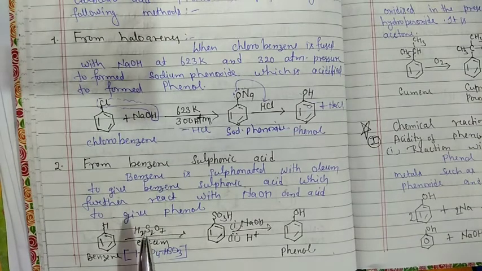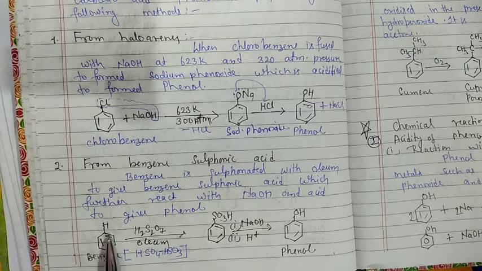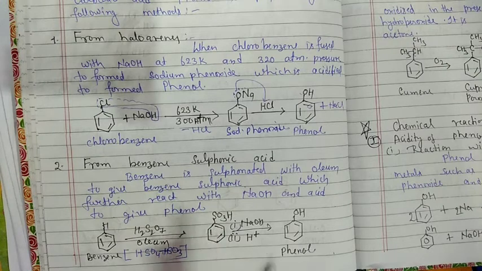How to write their formula? HSO4 dash HSO3, H2S2 and 4 plus 3 is 7. So this HSO3 can transfer to any position in the benzene ring to form benzene sulfonic acid. This benzene sulfonic acid further reacts with sodium hydroxide and acid to directly produce phenol.